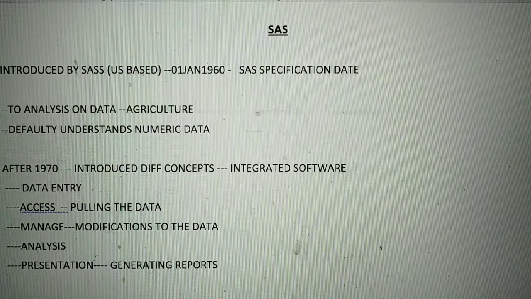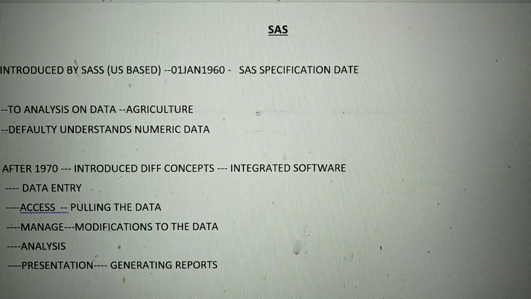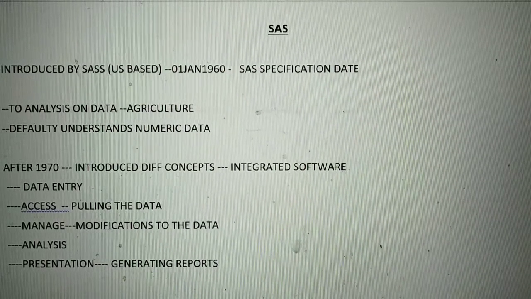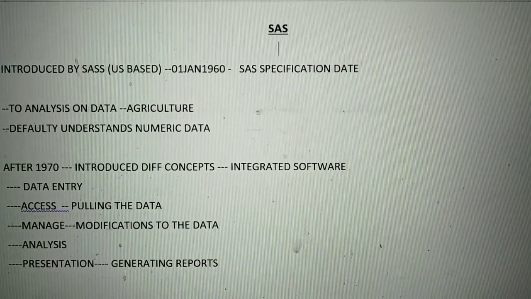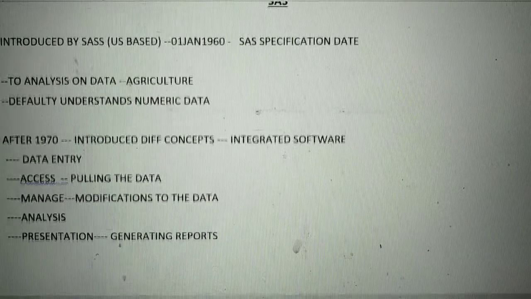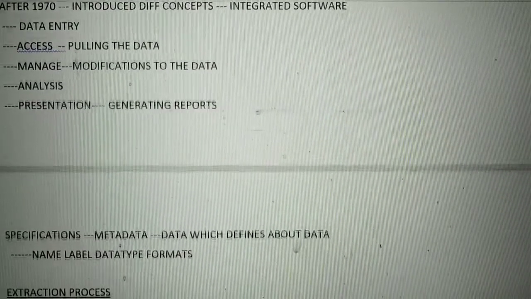Next, analysis. It is the default one with SAS, which is mainly meant for analysis. Next is presentation. SAS is also used to make reports, that is, for generating reports in the form of tables, listings, and graphs.